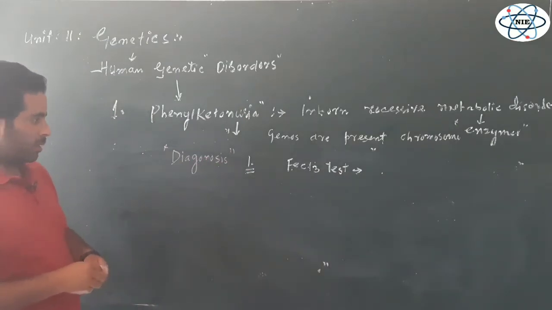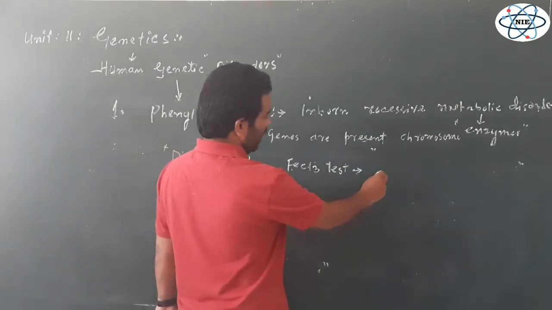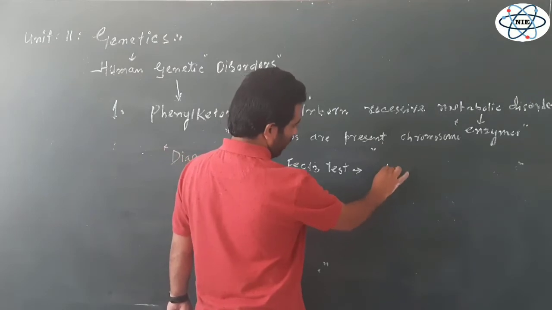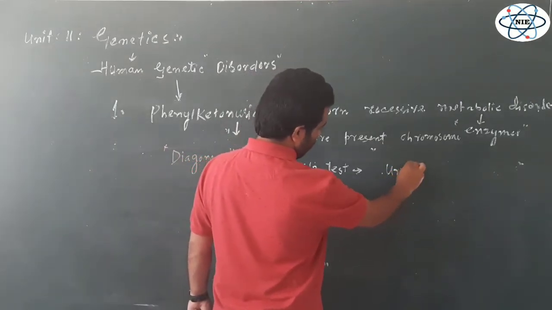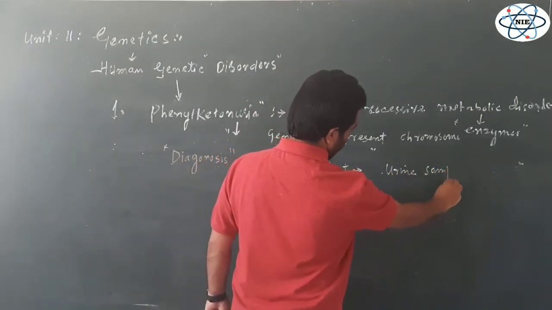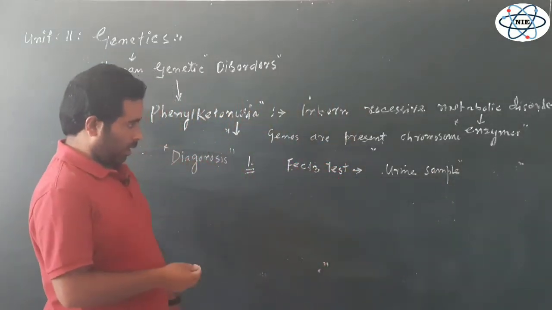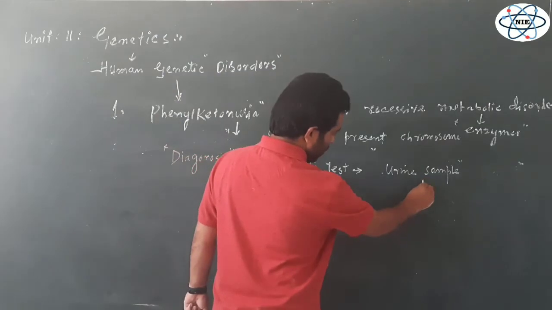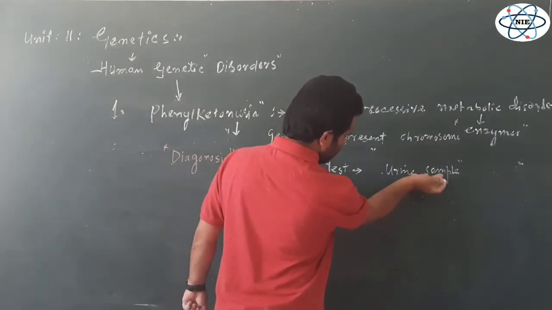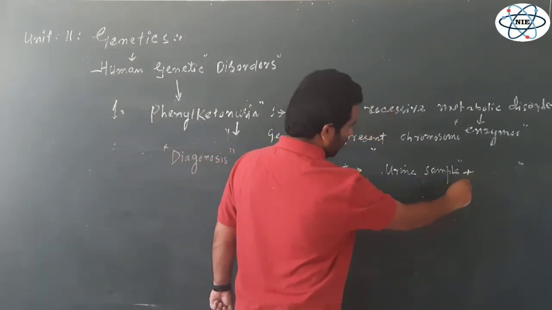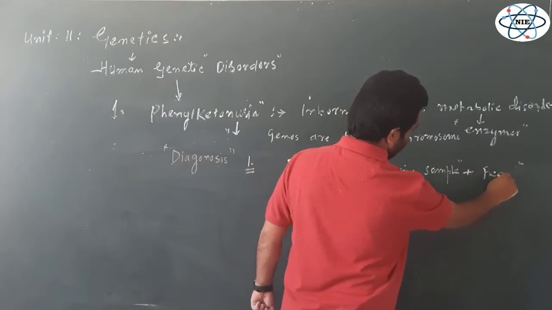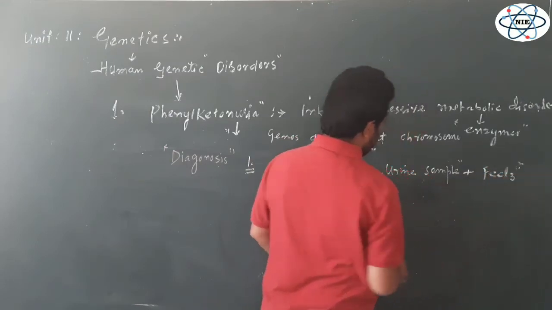What we do in this test? In this test, we take a urine sample, and in this urine sample, we add ferric chloride.